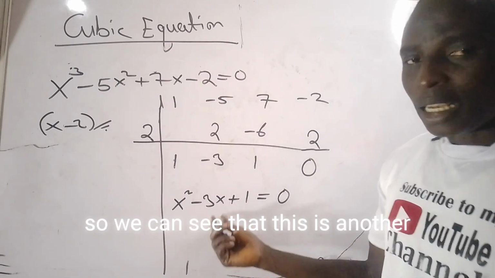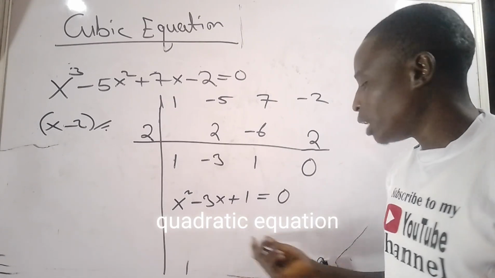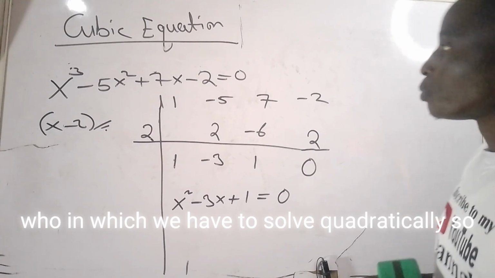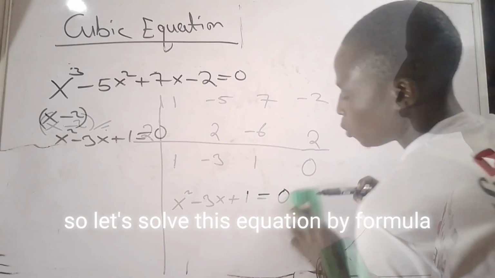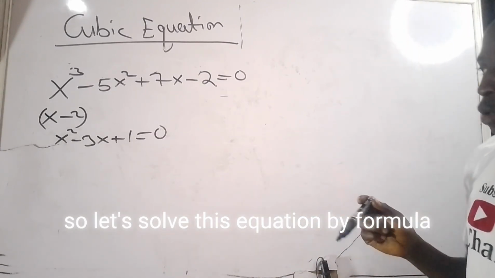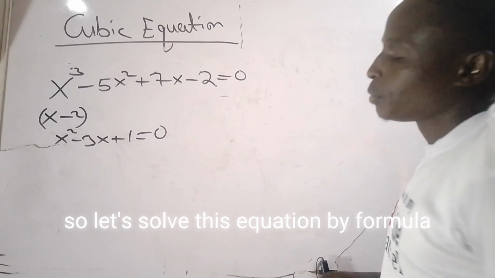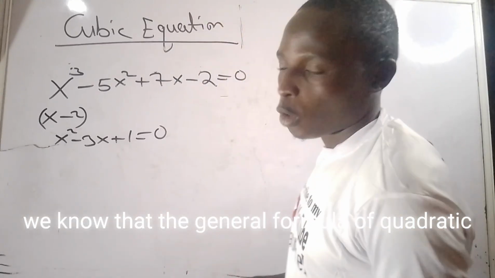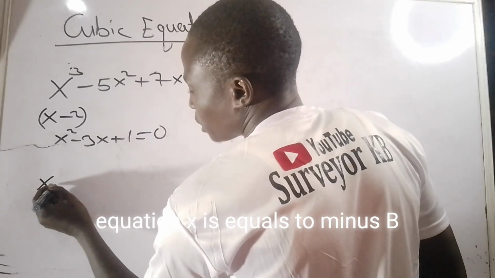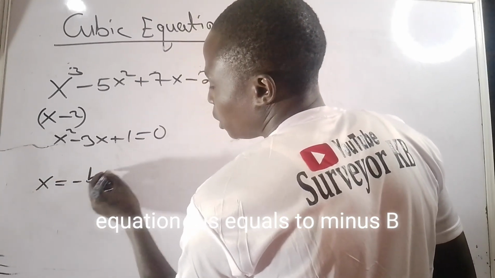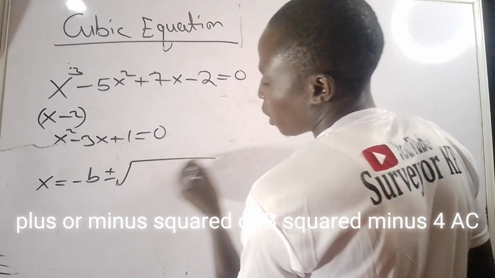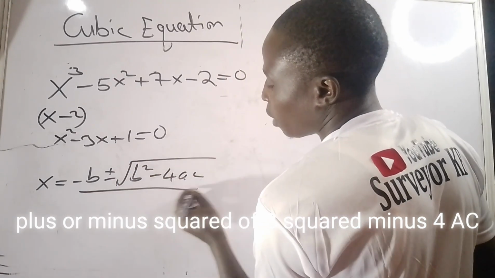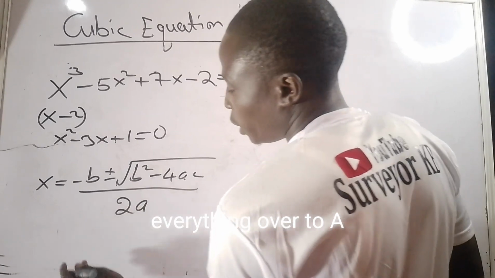So we can see that this is another quadratic equation which we have to solve quadratically. So let's solve this equation by formula. In solving this equation by formula, we know that the general formula of a quadratic equation is x equals minus b plus or minus square root of b squared minus 4ac, everything over 2a.